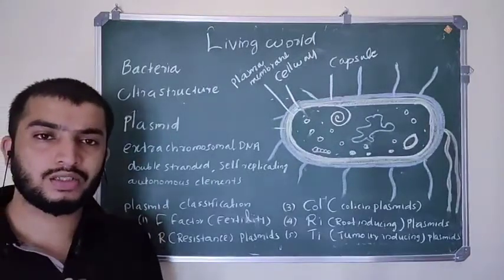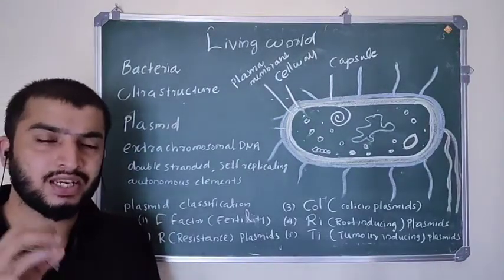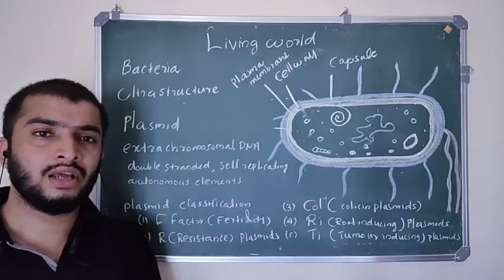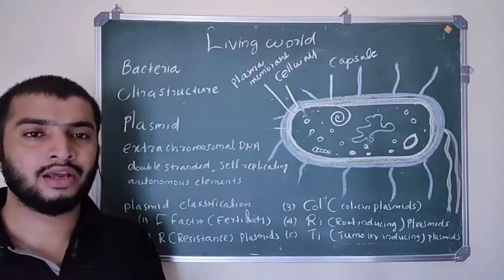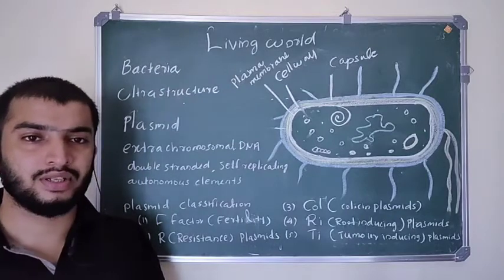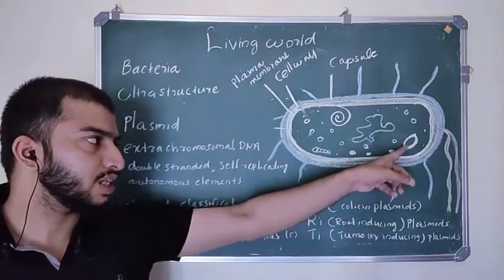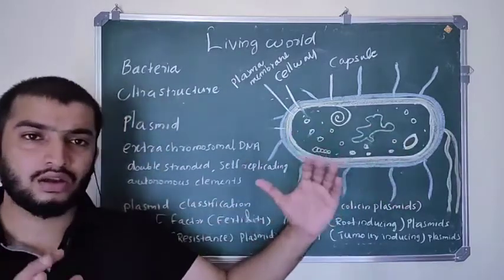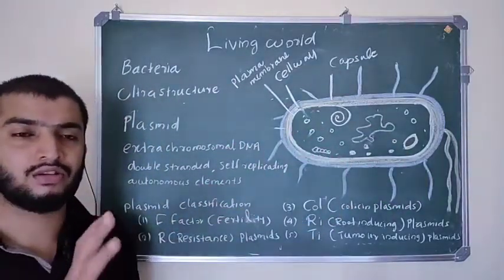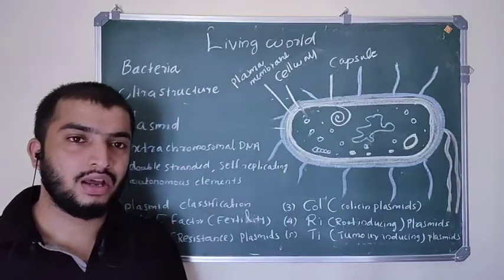Plasmids. What is a plasmid? A plasmid is extrachromosomal DNA which is double-stranded, self-replicating and an autonomous element. So this is a plasmid here. You can see it in the bacterial cytoplasm, the extrachromosomal DNA, and it is self-replicating and autonomous.